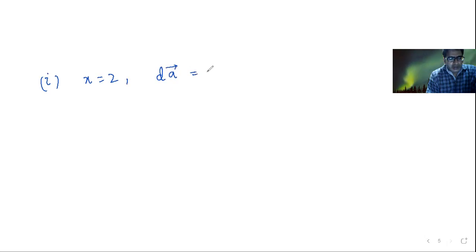Because side 1 is parallel to the YZ plane, its area element will be written as dy dz i cap. It indicates this area vector is pointing along the positive x direction. X equal to 2 denotes its location. This face is located at x equal to 2.